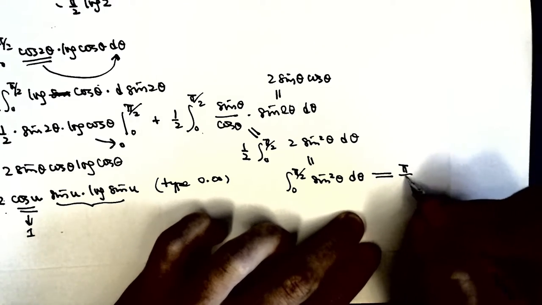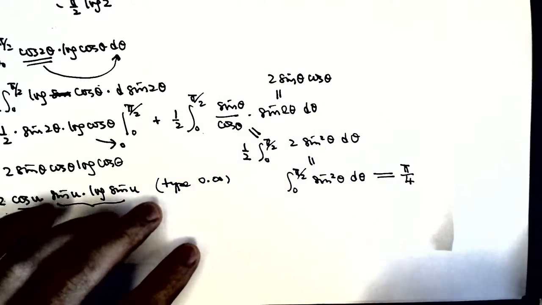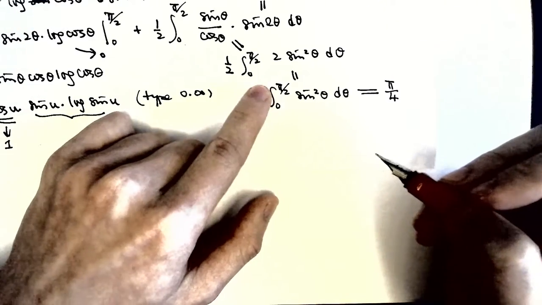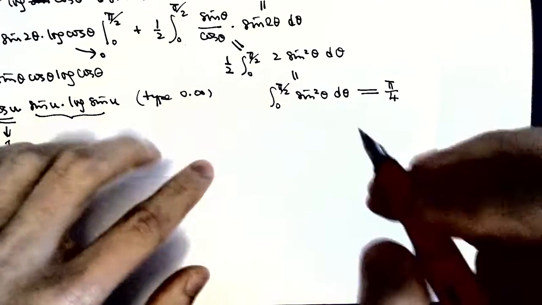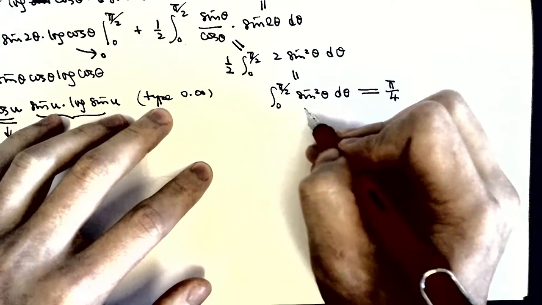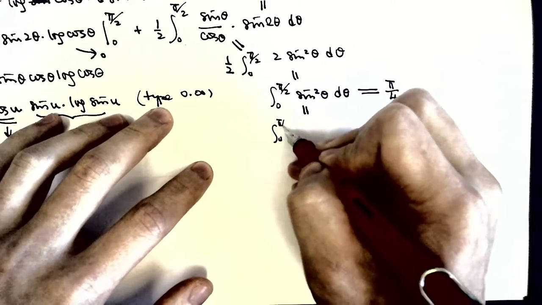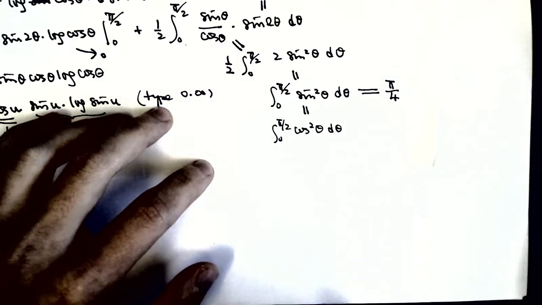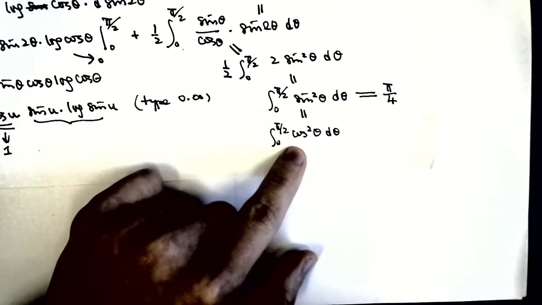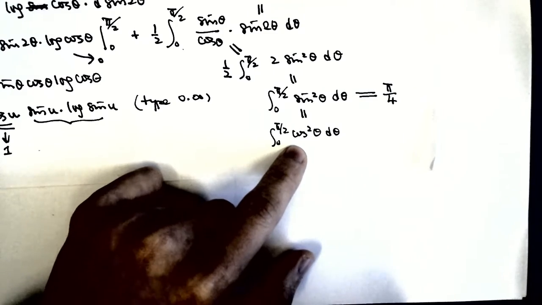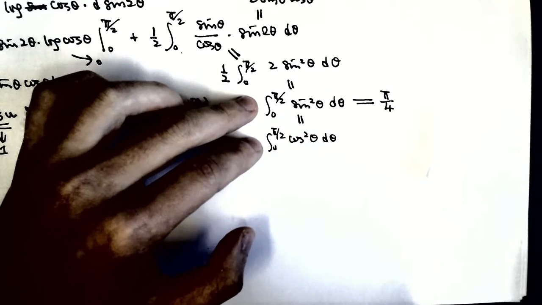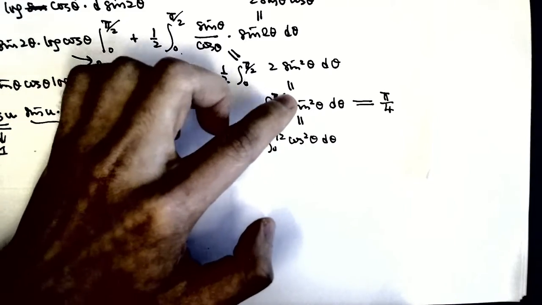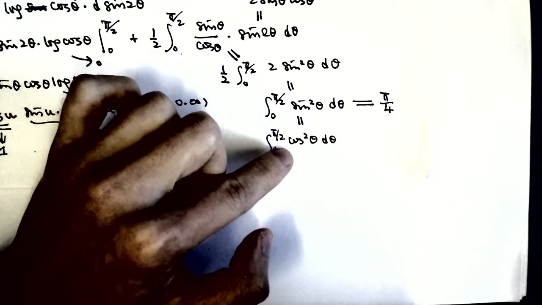And this is easy, as we shall see: it is just pi over 4. How can we know this? First, we notice that this is from 0 to pi over 2, and this is a function of sine. The integral of cosine squared is the same when sine theta changes to cosine theta. Now, we add the two of these integrals together, and then sine square theta plus cosine square theta will be 1.